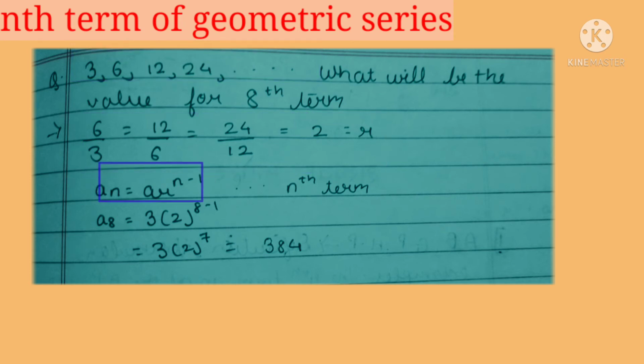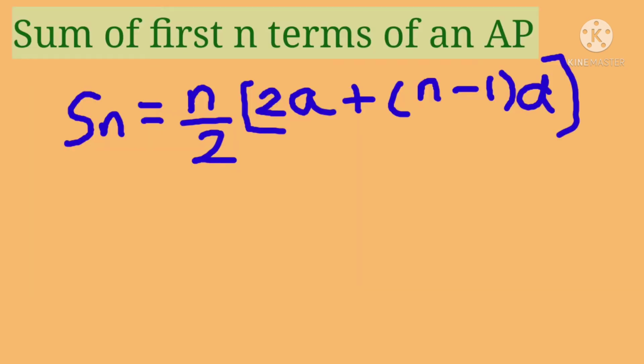The general form is an equals a r raised to n minus 1. We need to find the 8th term, so in place of n we put 8, and we find the answer as 384. In the AP, we learned the formulas for the sum of the first 22 terms, the sum of the first 100 terms.